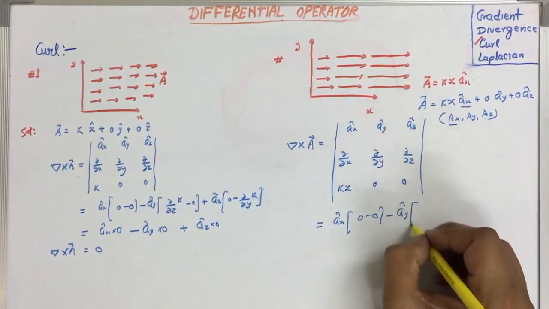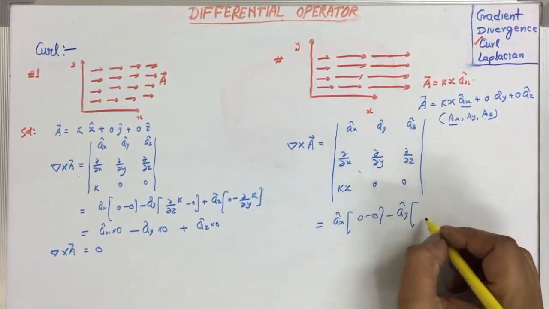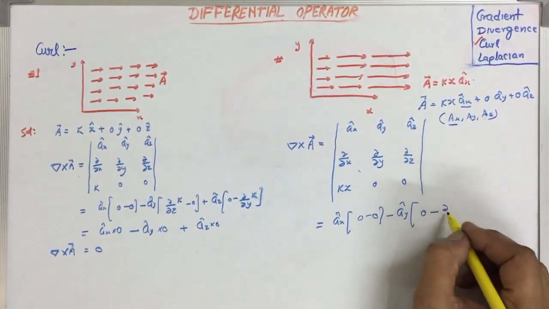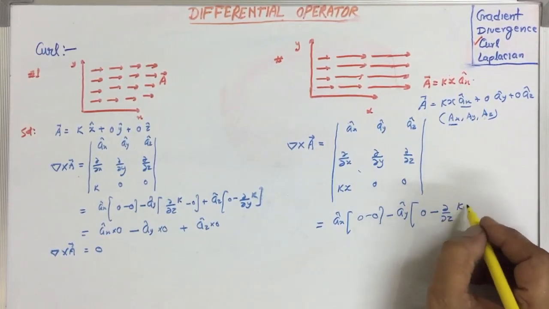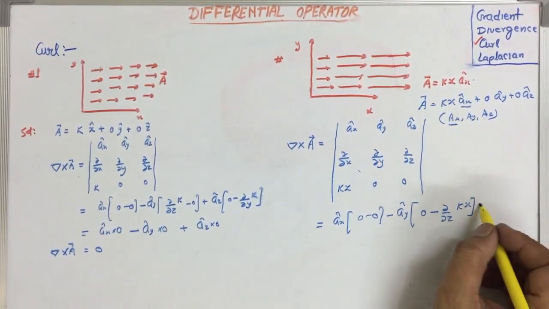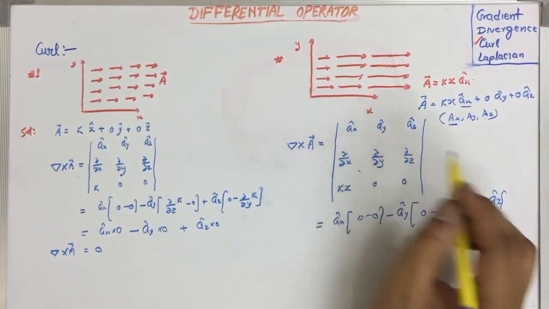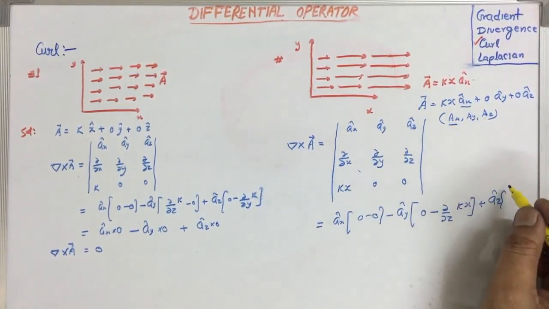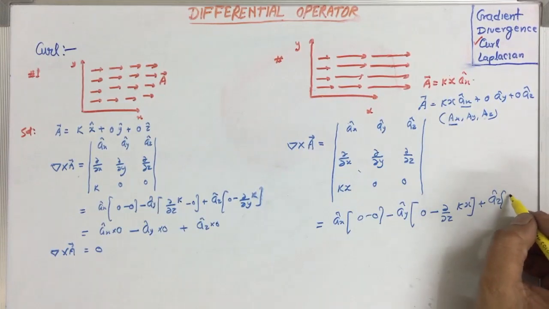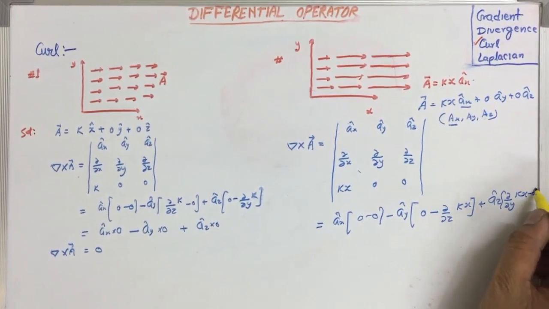This is 12th standard mathematics, so I am not giving emphasis on that. This is 0 minus del over del z kx, plus az, this minus this, so del over del y kx minus 0.